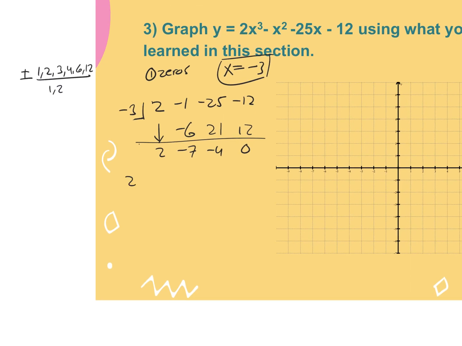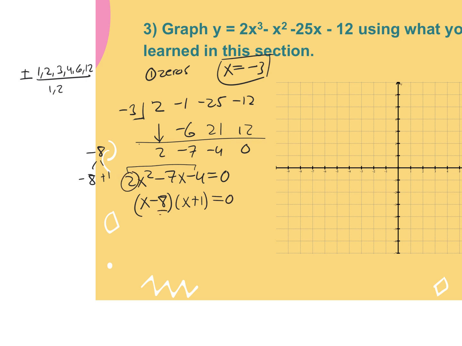Now with 2, -7, and -4, I'm going to put those into a polynomial and try to factor this. So 2x squared minus 7x minus 4: I can do 2 times -4, and that's going to make -8. I need factors of -8 that add to -7, so -8 and +1. So I get x minus 8 and x plus 1 equals 0.